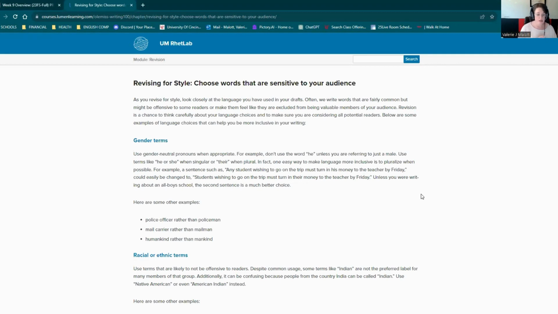So now it is completely acceptable to use the gender neutral pronoun, the singular they, their. That is accepted by all of the major writing governing bodies. So MLA, APA, Chicago, all of those people who govern how we write and the style that we use. The singular they is now completely acceptable.